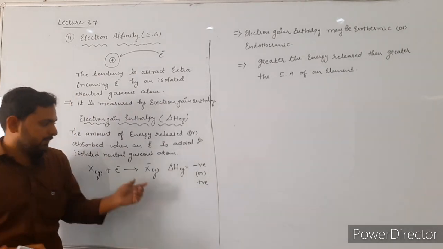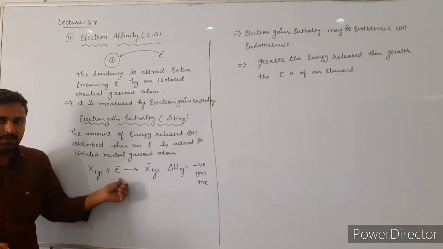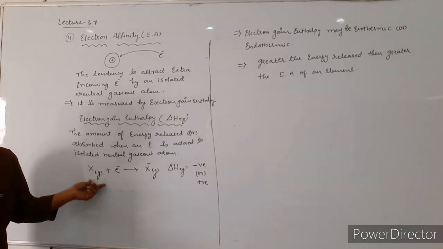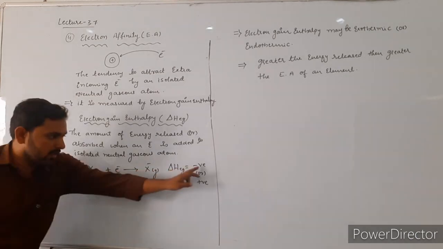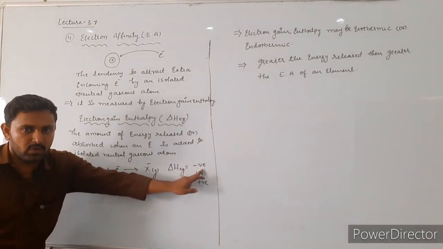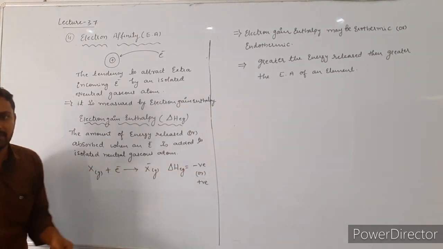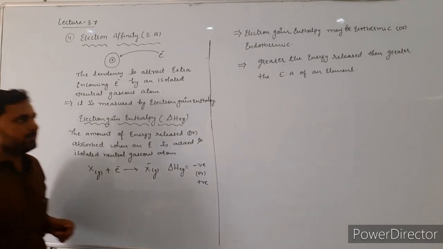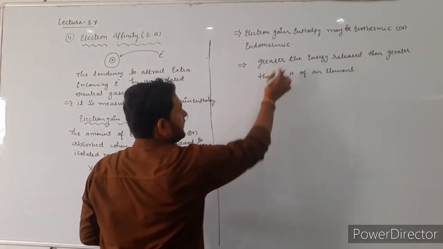For example, when an electron is added to a neutral gaseous atom, if this atom releases more energy, then we can say that this neutral gaseous atom has more electron affinity. Okay, it depends on energy released.